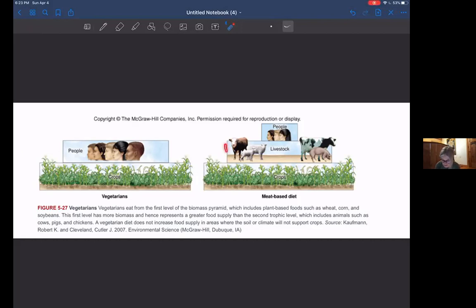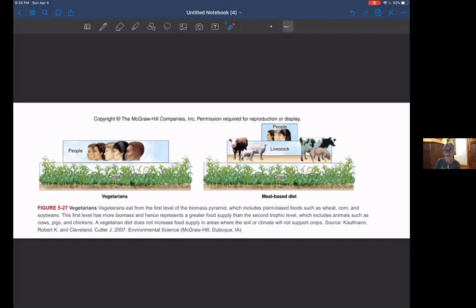If we add in livestock here, notice that we've added an extra step in the energy pyramid, so that we now have energy for fewer numbers of people. So if we have fewer people, we could all eat meat.